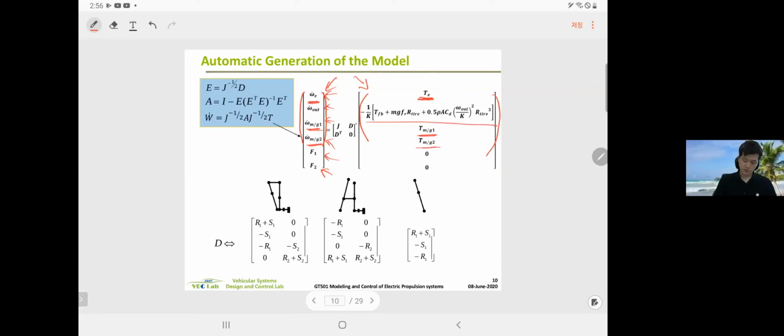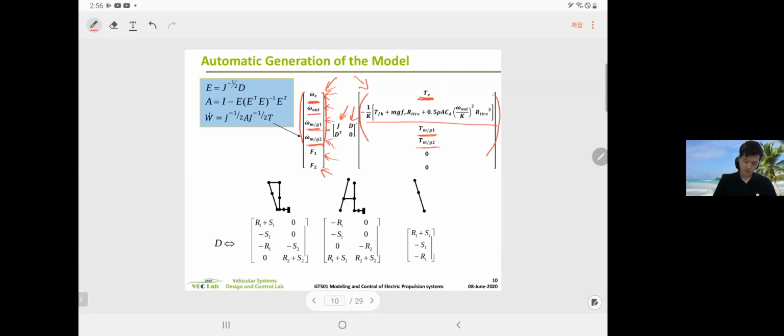And the road load coupled with output speed, right? How about J and D? So this is relatively easy, clear, right?